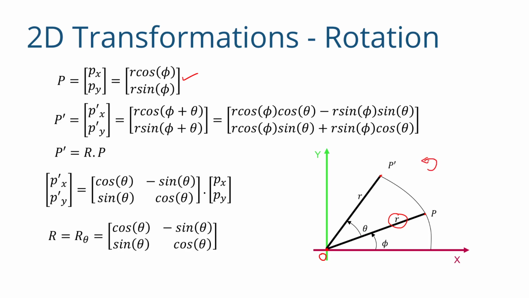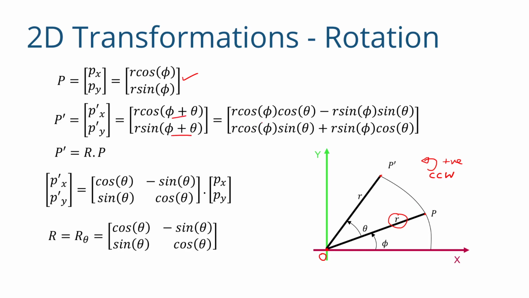This rotation is in a counterclockwise direction, so that is what we are considering as positive rotations. That is just a convention that we have chosen, that counterclockwise rotations are positive. So now, what are going to be the coordinates of P prime? P prime is r cos(phi plus theta) and r sin(phi plus theta).